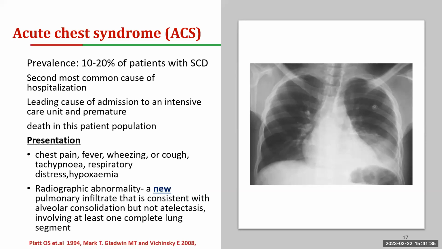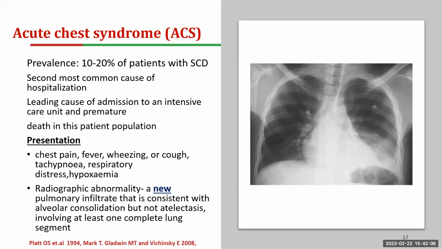So the common presentation is chest pain, fever, wheezing, or cough. They usually have fast breathing, they may have respiratory distress, and when you measure their oxygen saturation, they have hypoxemia. And then the radiographic definition is that there is a new abnormality, which is usually a pulmonary infiltrate. I underline the word new because it means that you should have had a prior film to compare with the new one for you to conclude that it's new.